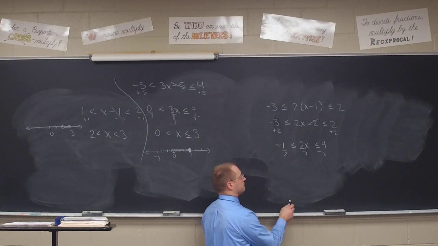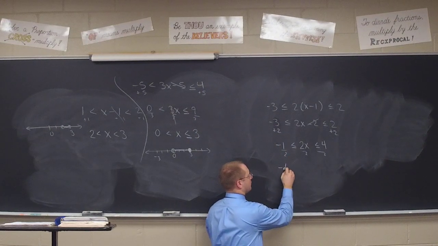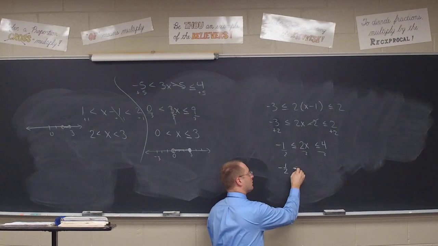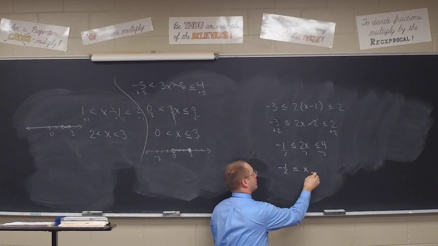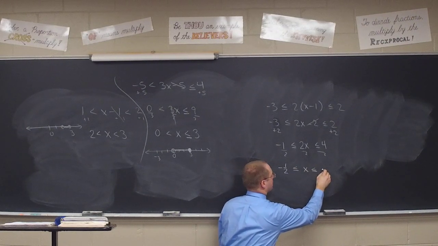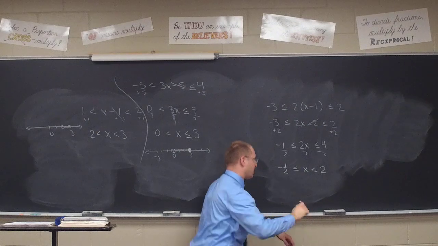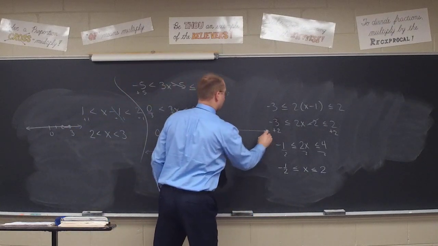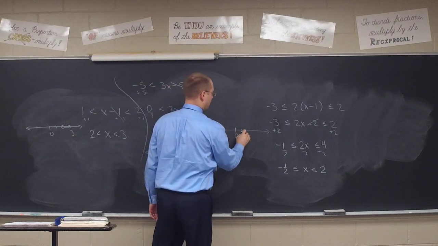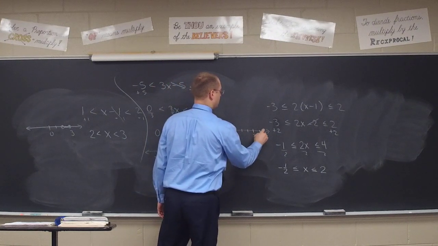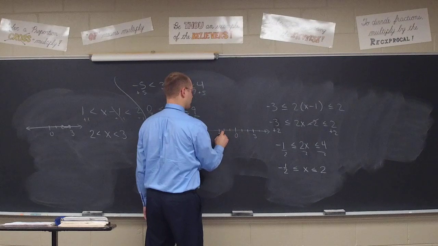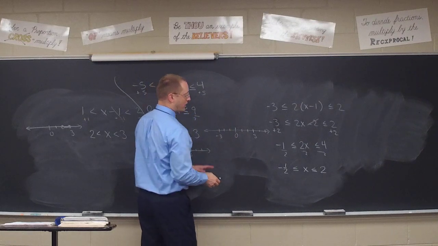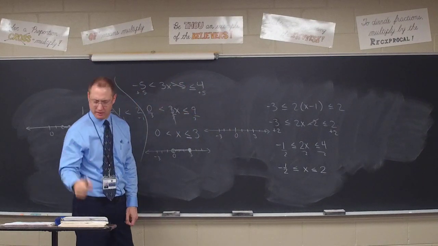And you get -1/2 is less than or equal to x, less than or equal to 2. Perfect. Now, when we go to graph this one, graph paper probably would have been a smart thing, but anyway, our -1/2, where is that?